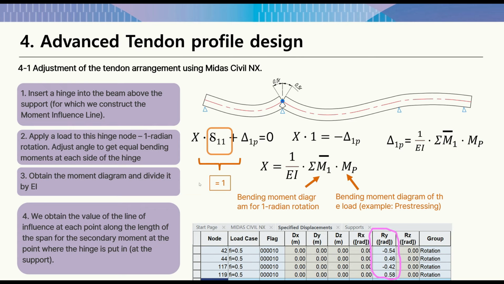Then we need to obtain the bending moment diagram from this load along the beam over the length and divide these figures by stiffness, E multiplied by I. Thus we obtain the value of the influence line at each point along the length of the span for the secondary moment at the point where the hinge is put in at the support.